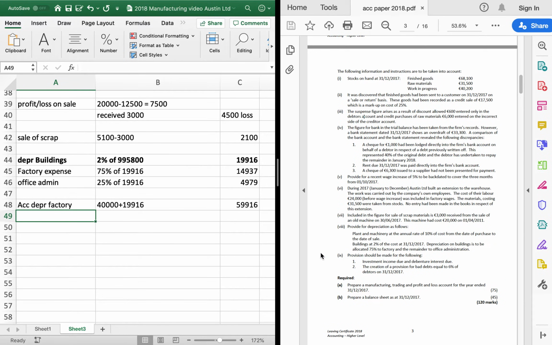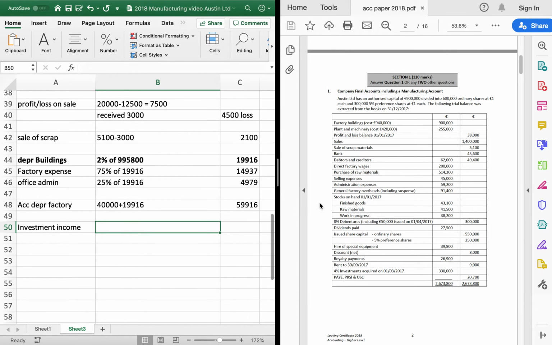Provision should be made for investment income and debenture interest due. Okay, so this last couple of workings, nothing too hard here. So we work out our investment income, 4% on investments acquired on the 1st of the 3rd, so you don't have them for the first 2 months. So 4% of 330,000, and it's by 10/12.